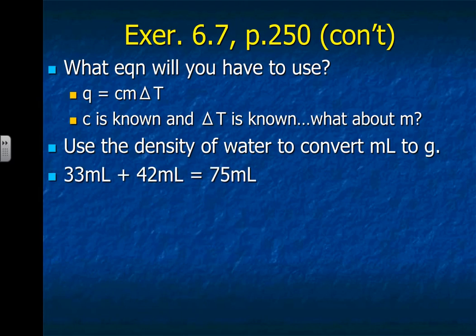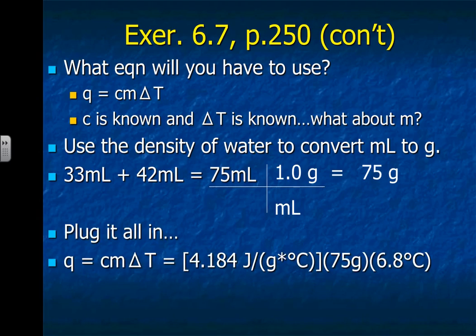So we know that we have 75 milliliters, and that would be our total because we did add two different volumes again. And then the density of water is 1 gram per milliliter. So this is really hard math, I know, but that leaves us with 75 grams. So now we have our mass, and that was, again, if you know the tricks, it's pretty simple.